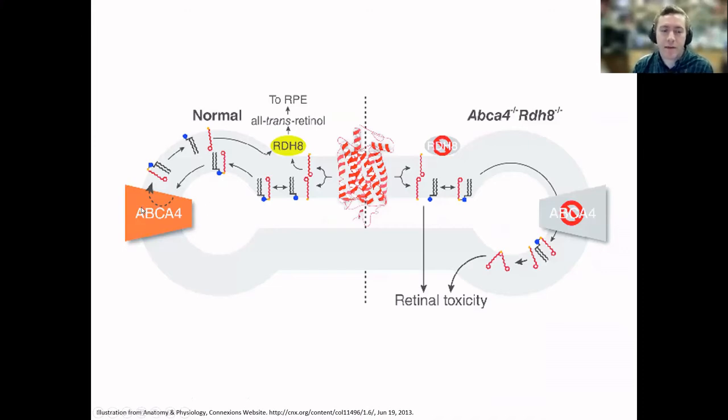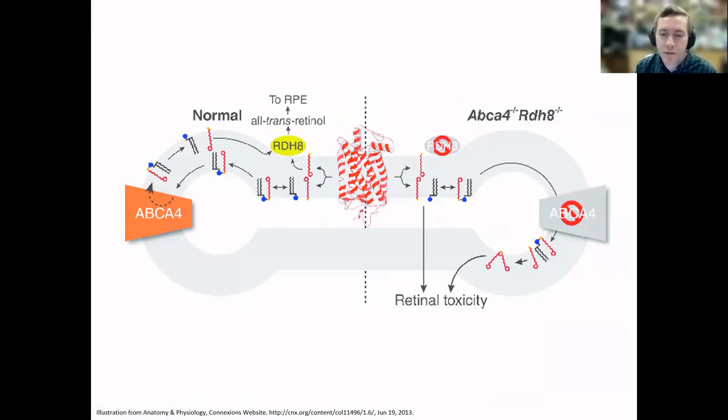ABCA4 is sort of in the visual cycle. It's not directly involved with signaling with rhodopsin. So rhodopsin, as a GPCR, will interact with the G protein called transducin and transmit the signal of phototransduction that way.